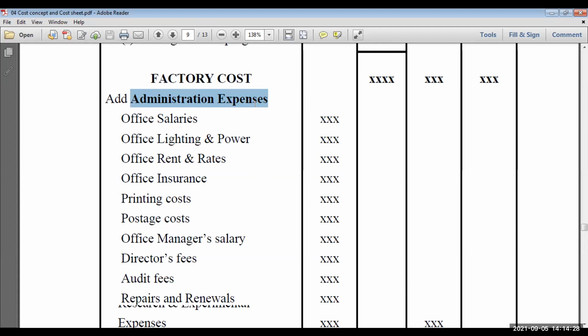For whom? Employees. What is the nature of the job of that employee? You will have some profile, right? That employee will have some profile. If he is part of administration, then it can be added here. That is the point. If he is part of the factory, then it will have to go to the other one, the manufacturing and production part.